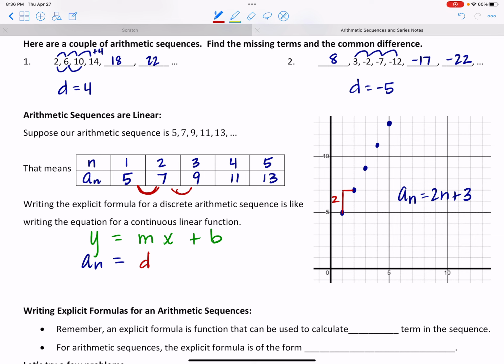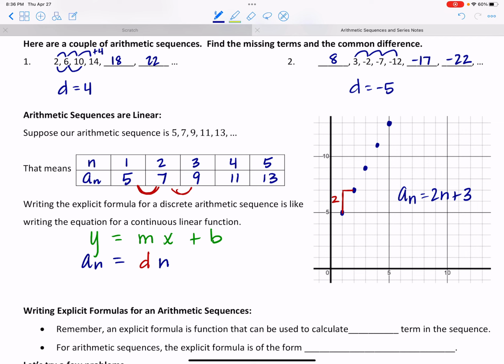And here, we don't use inputs called x, we call our inputs n, so I'll put n in. And then the really interesting part here is b. So b is where a continuous linear function would cross the y-axis. A discrete function for an arithmetic or any sequence isn't going to touch the y-axis because the smallest input is our natural number 1.